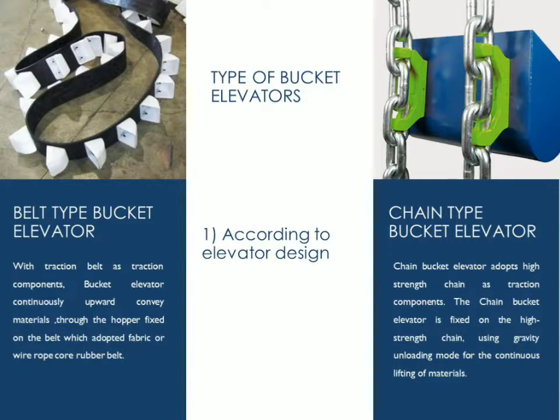Next, chain type bucket elevator. The chain bucket elevator adopts a high strength chain as the traction component. The buckets are fixed on the high strength chain, using gravity unloading mode for the continuous lifting of materials.